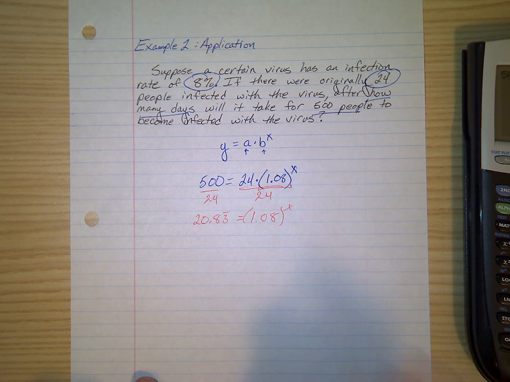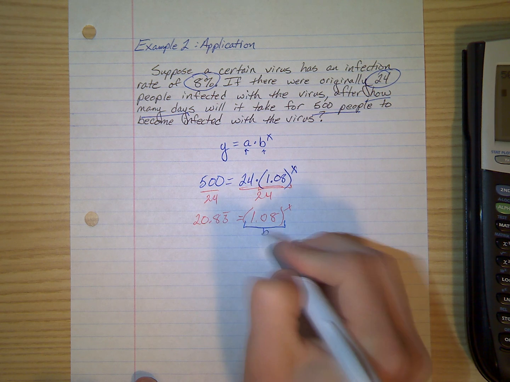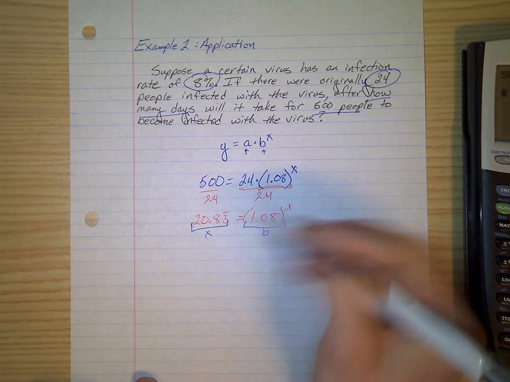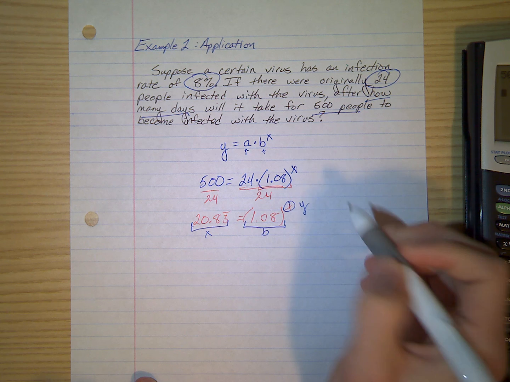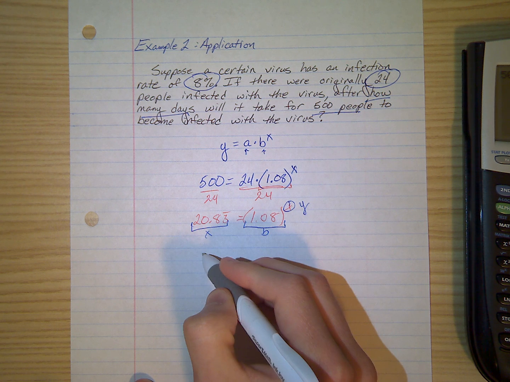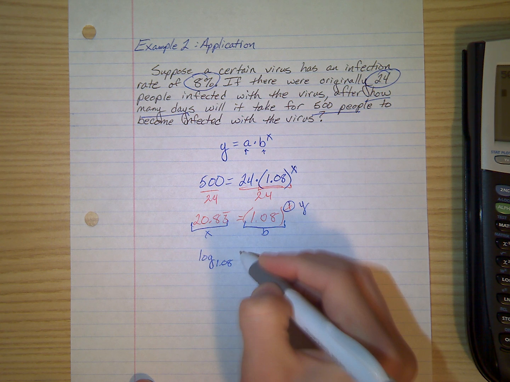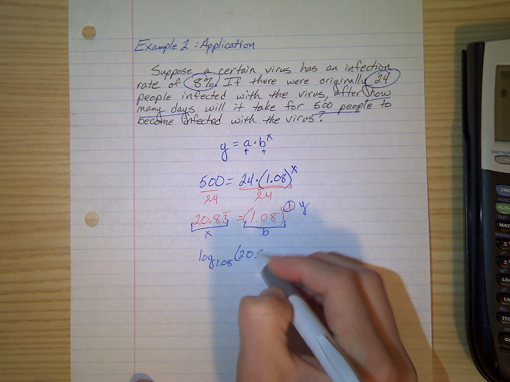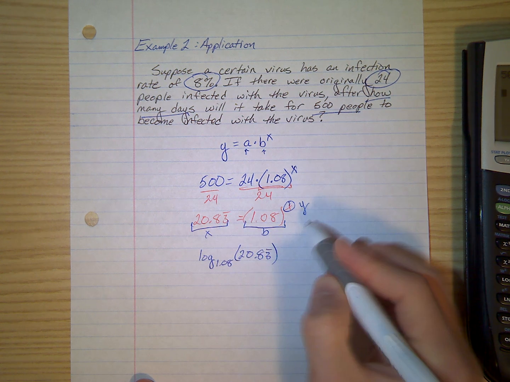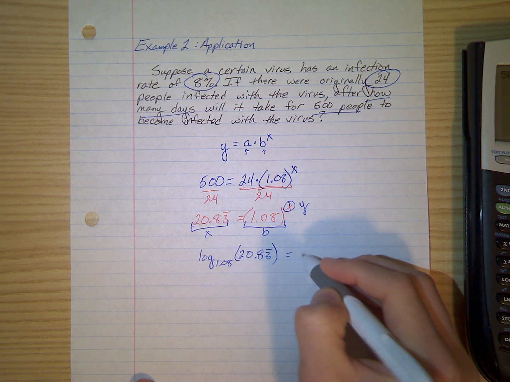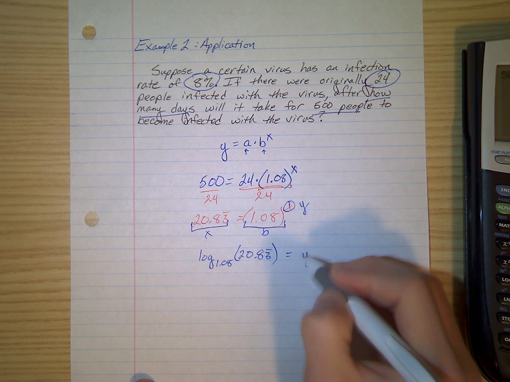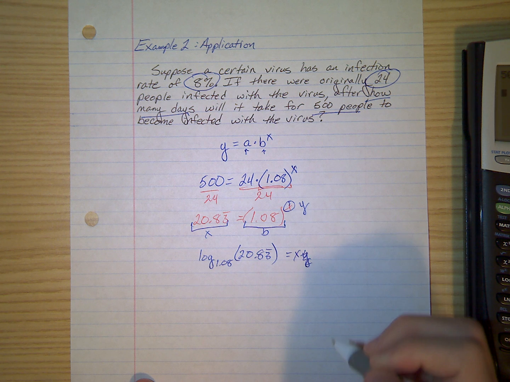When we rewrite this, again, this is going to be our base, this is going to be our x, and this is technically like our y here, using logarithmic form. So now we have log base 1.08 of 20.83 repeating is equal to x.